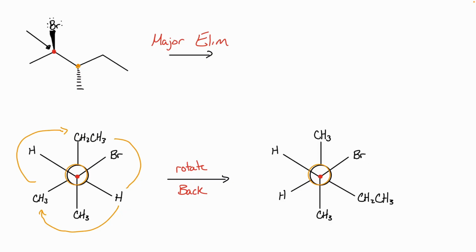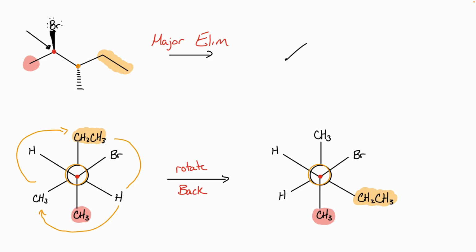All right, so just keeping track of those high priority groups on either one of my carbons here. My front carbon's high priority group was that methyl group. My back carbon's high priority group was that ethyl group. And we can see that we're going to have to draw them on the same side of my new double bond that forms.